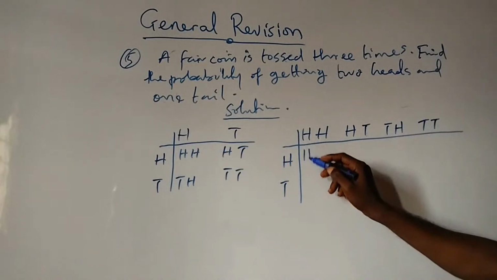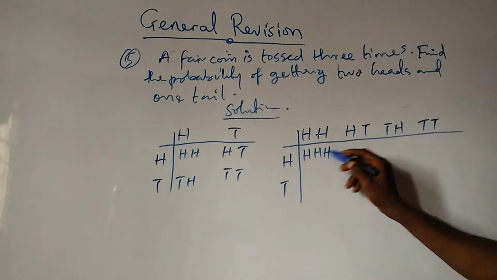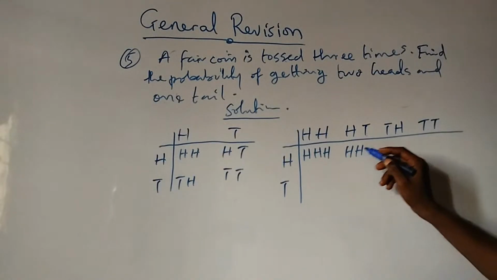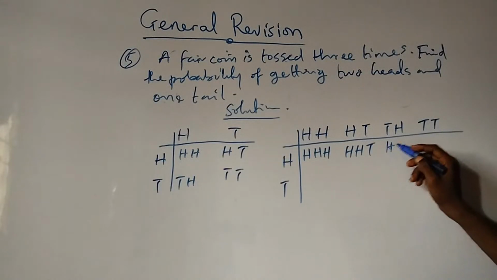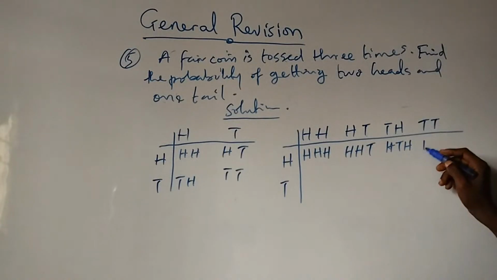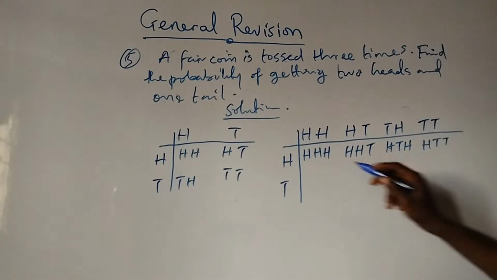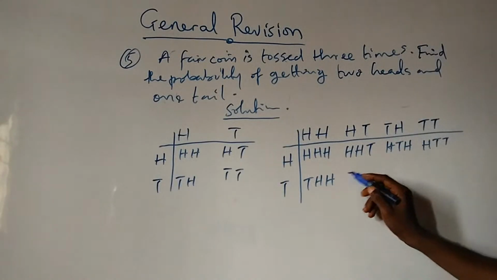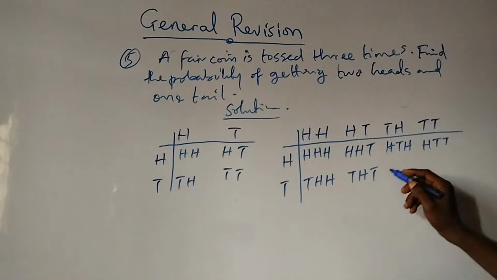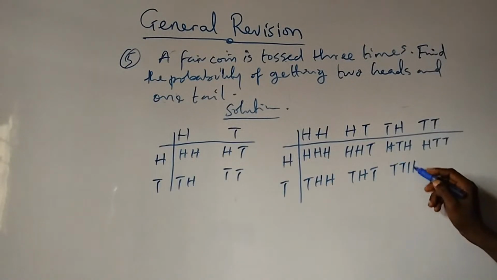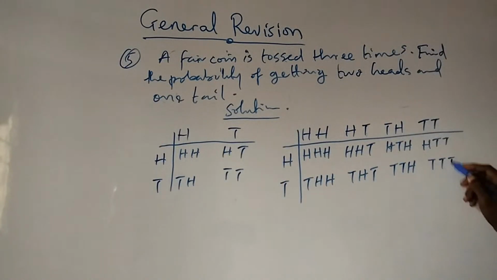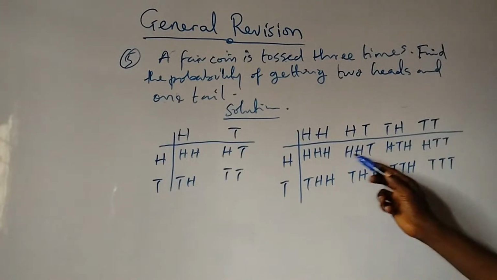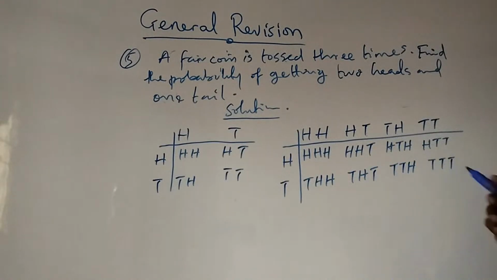So the outcome will be HHH, HHT, HTH, HTT. Also here we have THH, THT, TTH, TTT. Which makes it 1, 2, 3, 4, 5, 6, 7, 8. That's 8 outcomes. So whatever we want to find here will be all over 8.